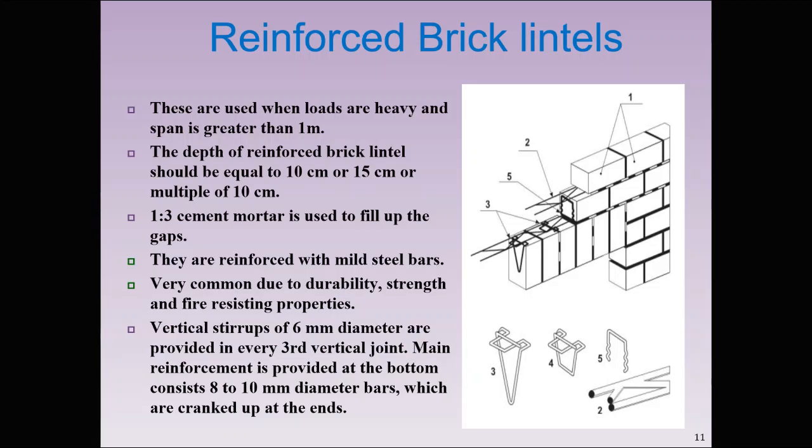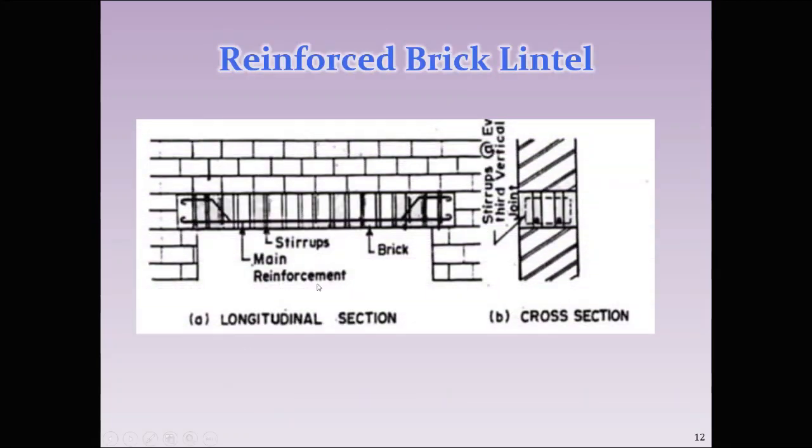I will show you in this diagram what is cranking up. So this is the bottom or main reinforcement, longitudinal reinforcement, and the bars are cranked up at the ends like this. So we bend the bar and take them towards the top of the lintel. This is the cross section.